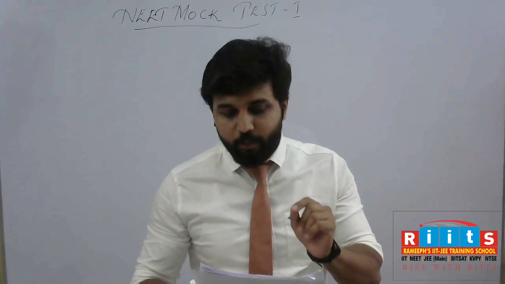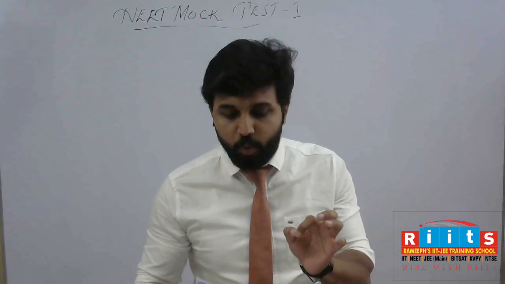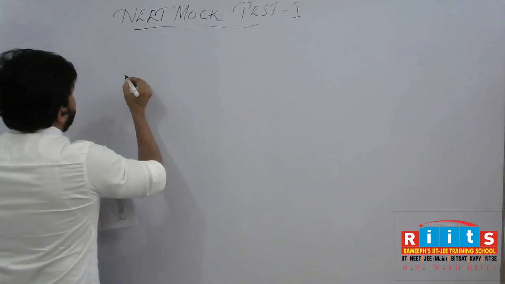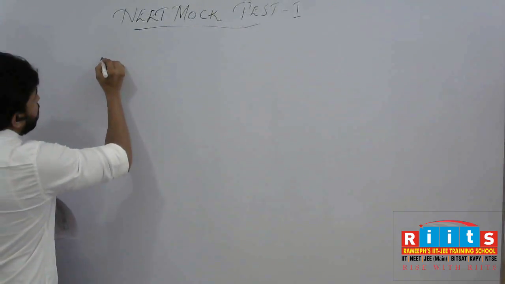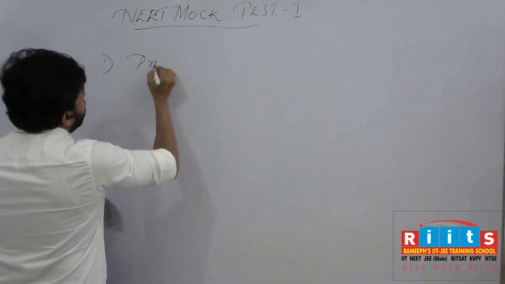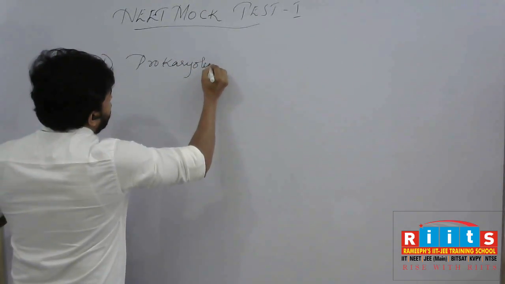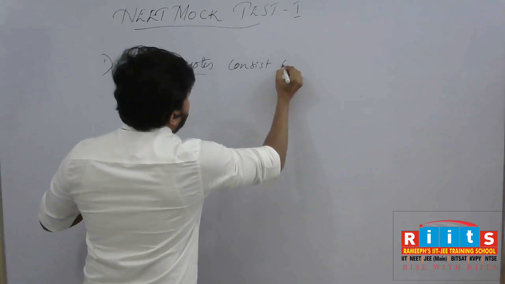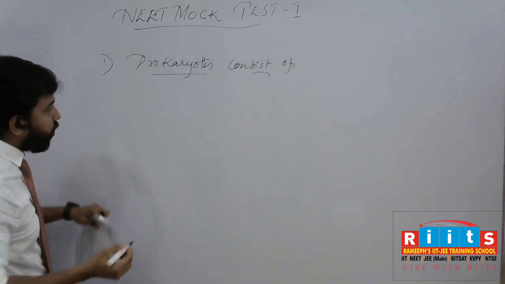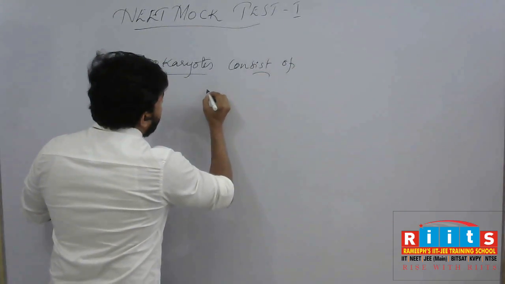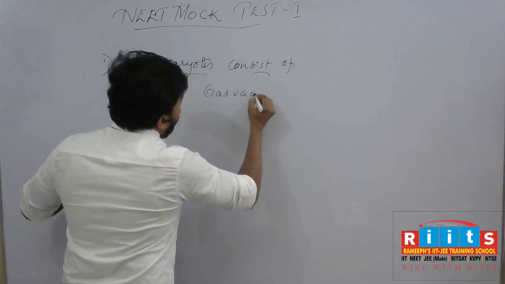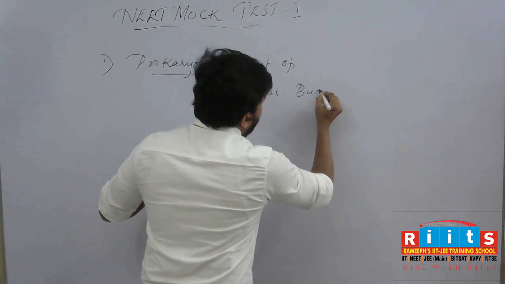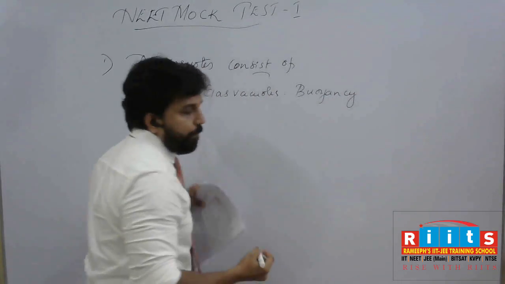See the box column itself, we can identify that gas vacuoles are present in prokaryotes. They are meant for buoyancy, floating.